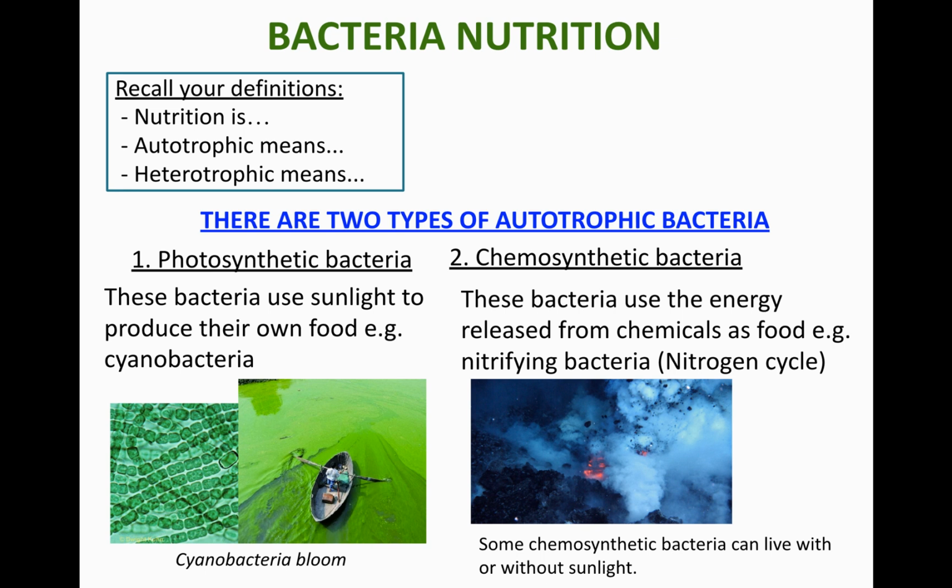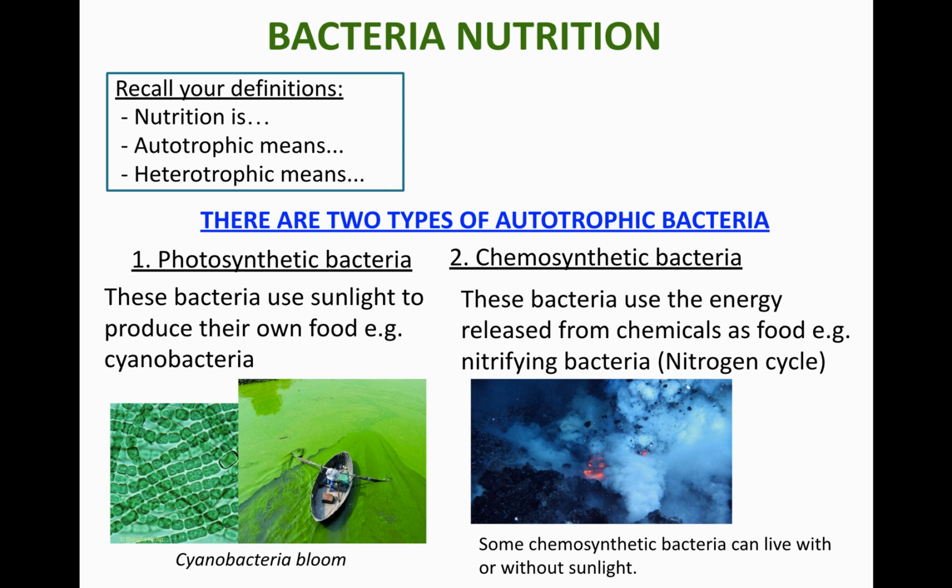A large amount of these bacteria survive completely on their own because they make their own food, so they're autotrophic. There are two different types of autotrophic bacteria we encounter on our planet. We encounter photosynthetic bacteria. If you've ever gone swimming in the ocean and come across green water, it's highly likely that there were photosynthetic bacteria in the water.